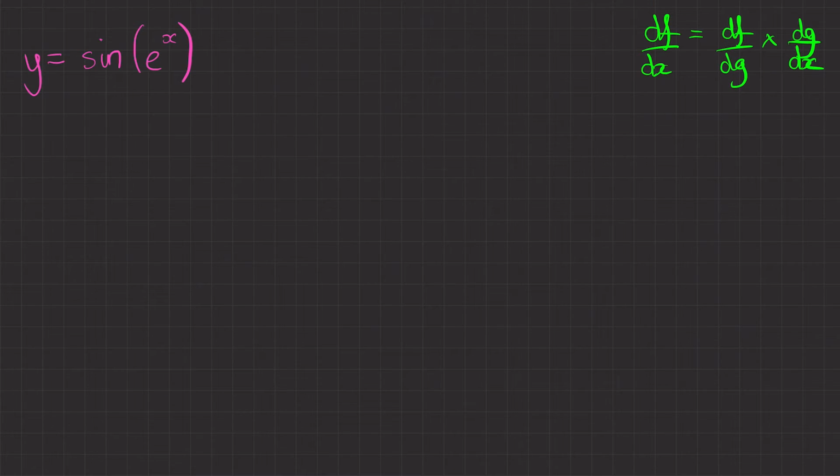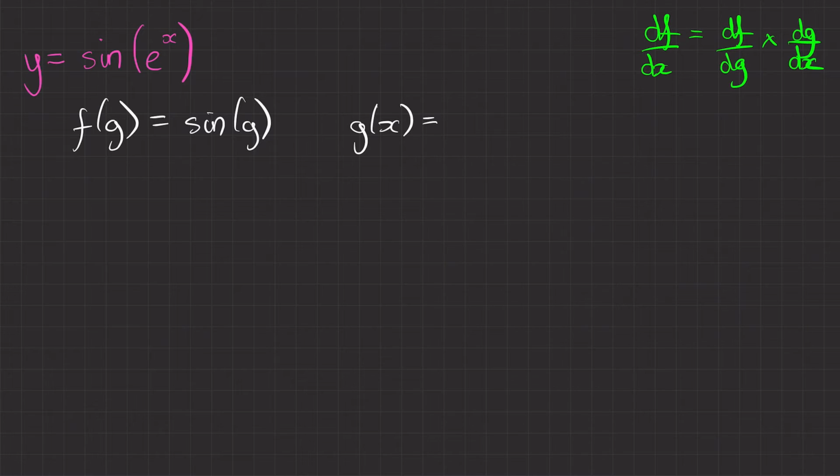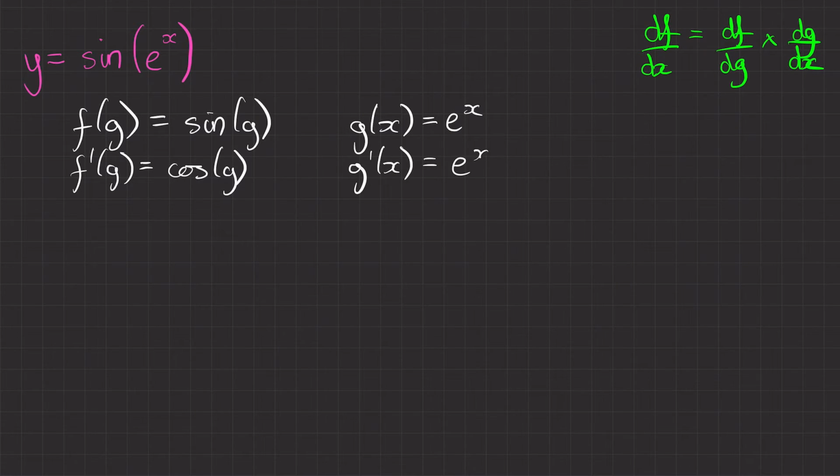For this question, we've got y equals sine of e to the x. So firstly, we've got f, the function of g, equals sine g. Next, we've got the function g of x, which is e to the x. And then we need to figure out the differential of each of these terms. So f dash g equals cos g, and g dash x equals e to the x.